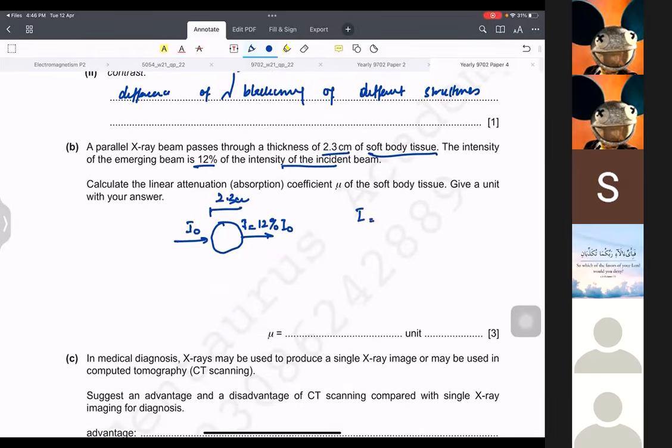I equals I naught e to the minus mu x. I is 0.12 I naught, e to the minus mu times 2.3. So I naught and I naught cancel out. ln 0.12 equals minus mu times 2.3.